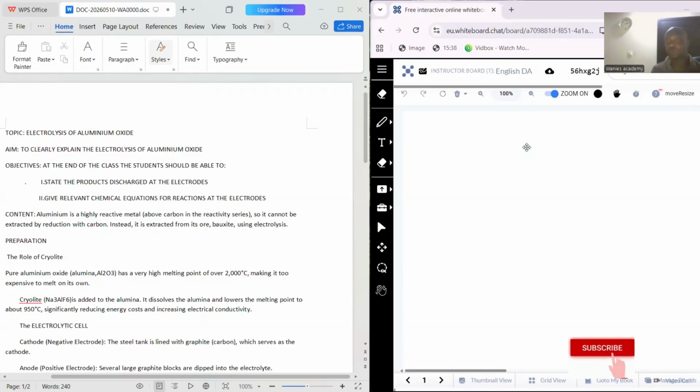So I start the class proper. Firstly, I need you to understand that aluminium is a highly reactive metal. As a matter of fact, aluminium is higher than carbon in the reactivity series of metals.